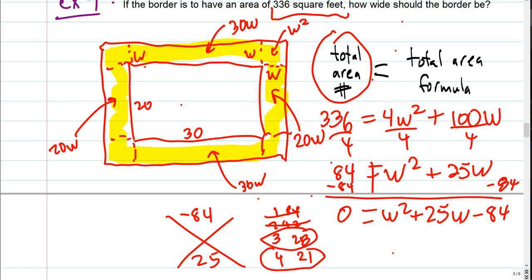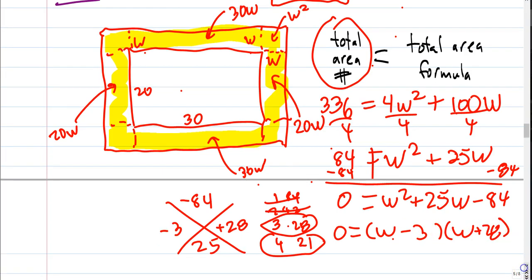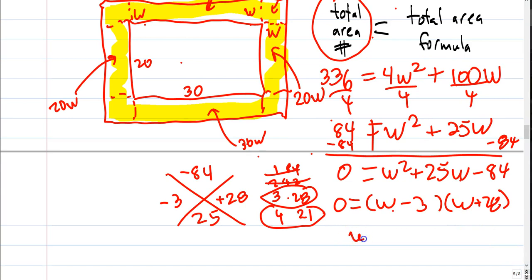So I'm going to need the 3 negative and the 28 positive, so that they add to make a positive 25 and multiply to make a negative. The 4 and 21 would have to be the same sign, so that's not going to work to multiply to make the negative 84. So these are our numbers. So this does factor into minus 3 and plus 28, setting each of these equal to 0.